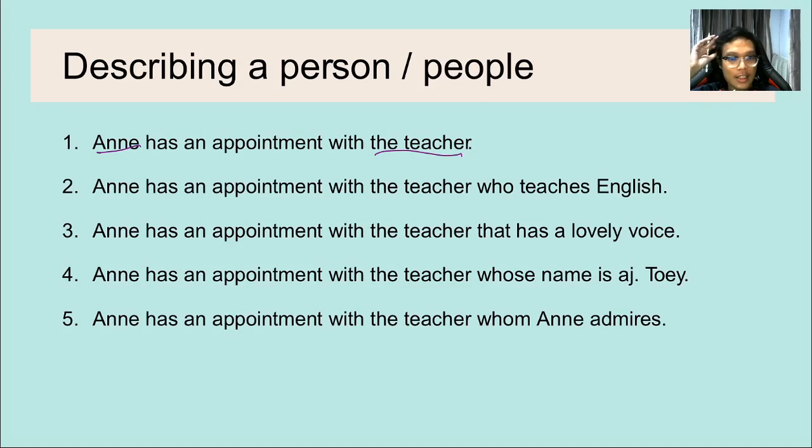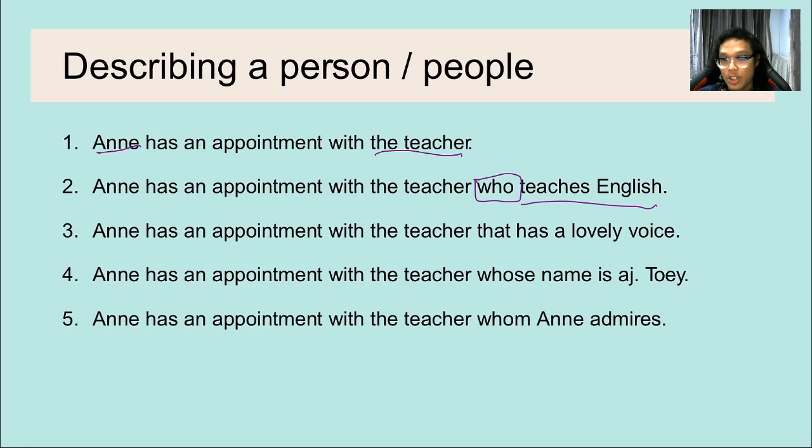And has an appointment with the teacher who teaches English. You see the word who, right? Who is not an adjective clause. Who is a relative pronoun. Who teaches English.